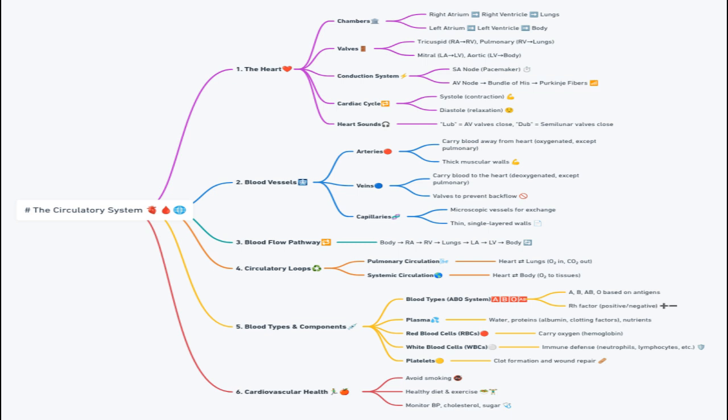The effects of extracellular ion concentration: an increase or decrease in extracellular potassium decreases heart rate. And the effects of body temperature: the heart rate increases when the body temperature increases, and heart rate decreases when the body temperature decreases.